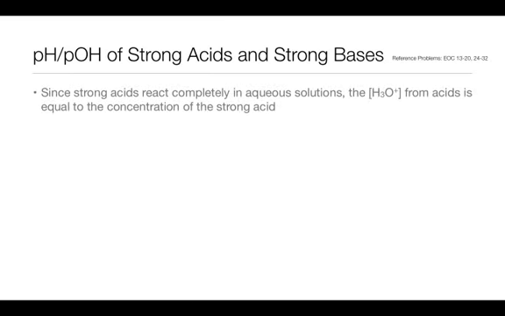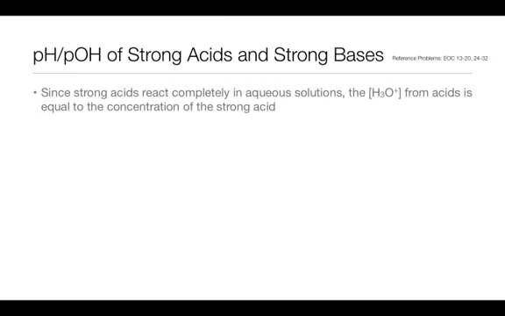Now, when we're talking about the pH of strong acids and strong bases, the calculations are relatively straightforward. Strong acids react completely in aqueous solution, so all of the hydrogens that are in an acid will react to form the hydronium ion. Therefore, the concentration of the hydronium ion will equal the concentration of the acid. Strong bases are the same way.